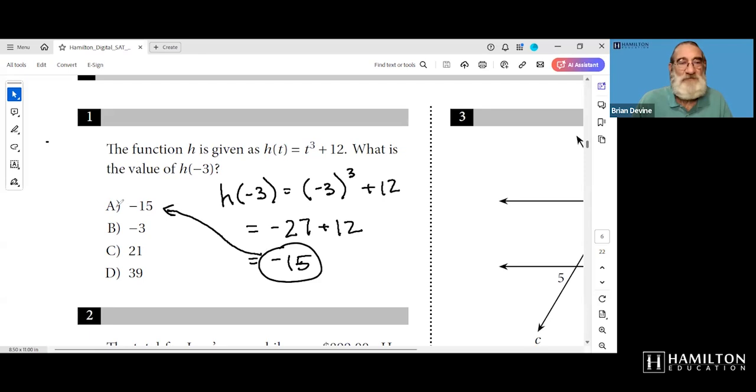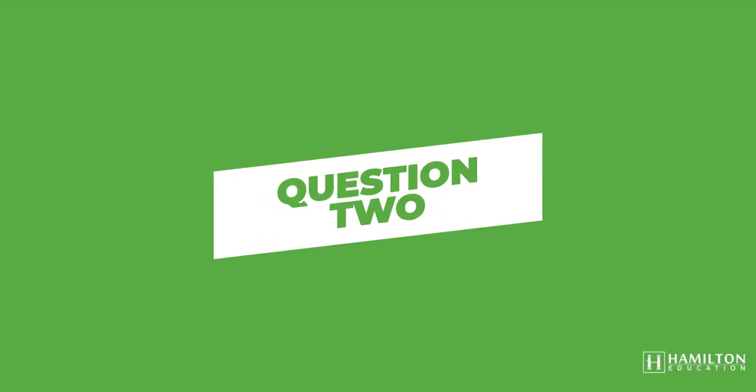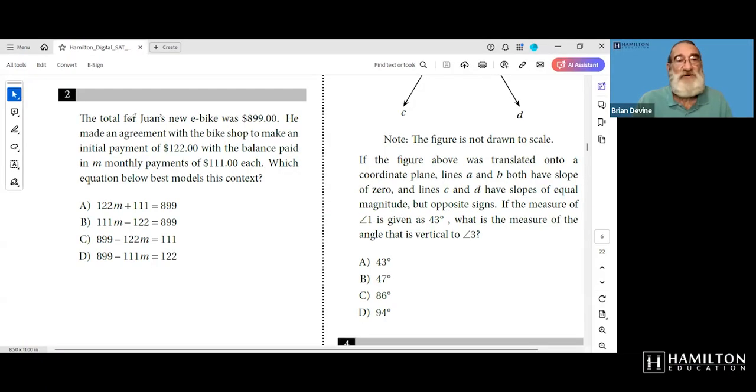Question two, the total for Juan's new e-bike was $899. He made an agreement with the bike shop to make an initial payment of 122 on that total of 899, with the balance paid in m monthly payments of $111 each.